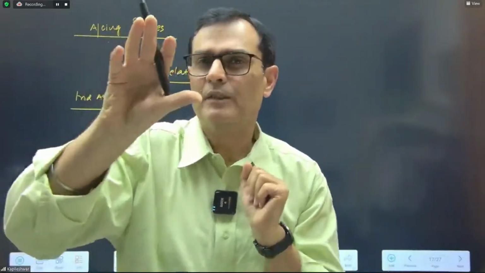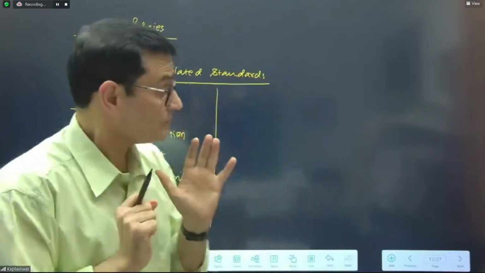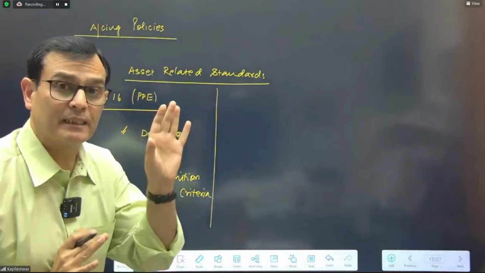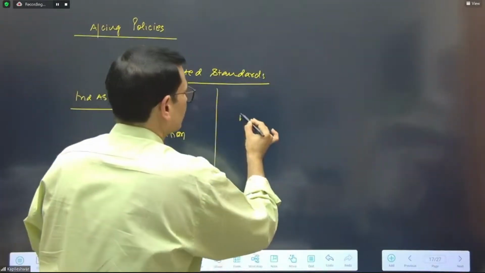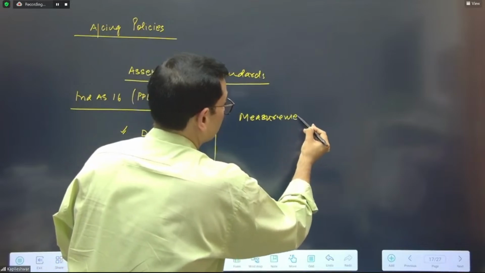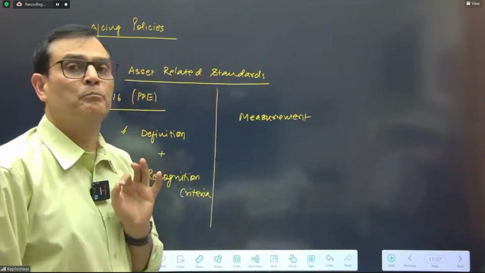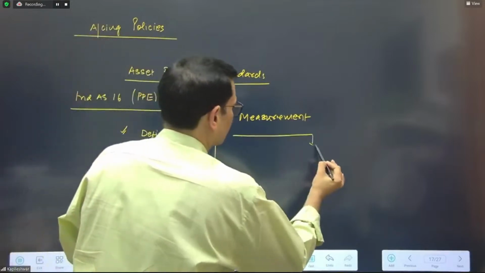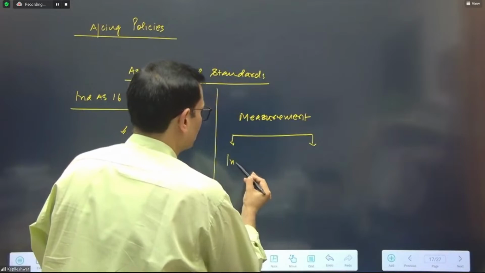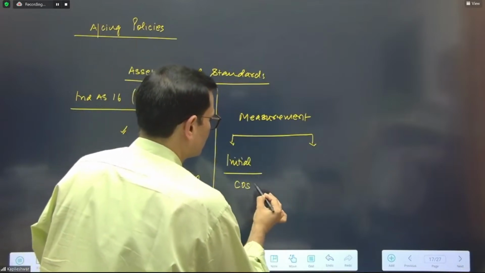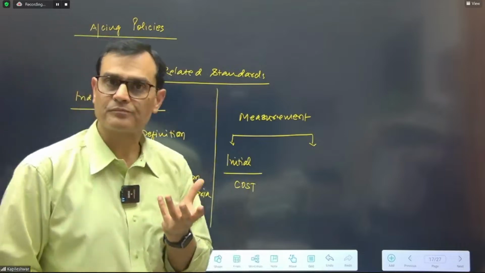So once you decide it can appear on the left-hand side as an asset, the next thing is to decide the value at which the asset will be measured. So you start looking into measurement. In terms of measurement, there is an initial measurement of the asset. In terms of PPE, you know that it is measured at cost.